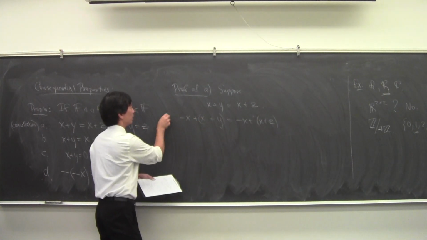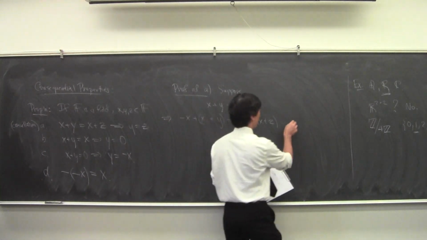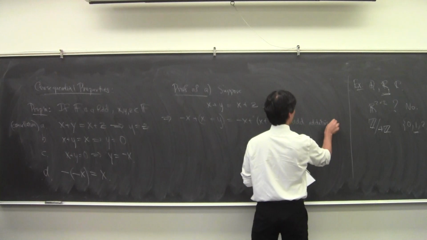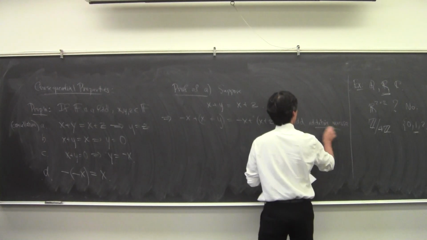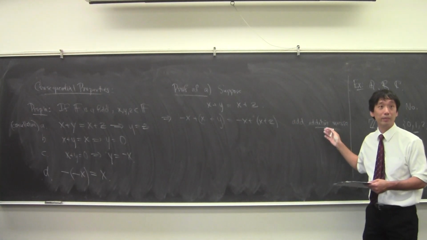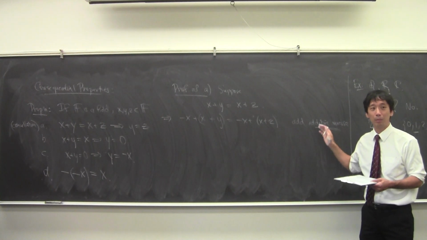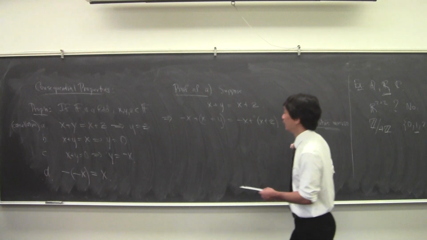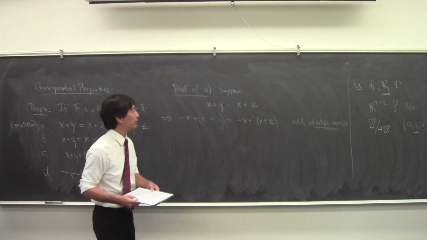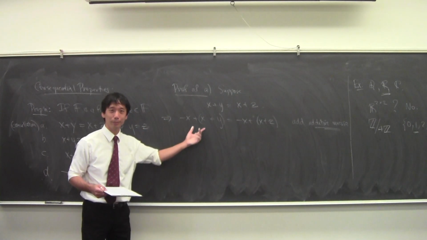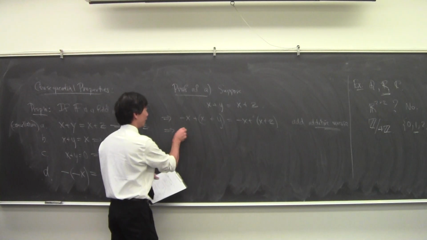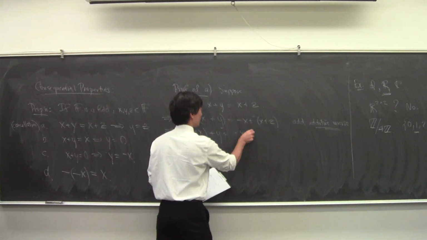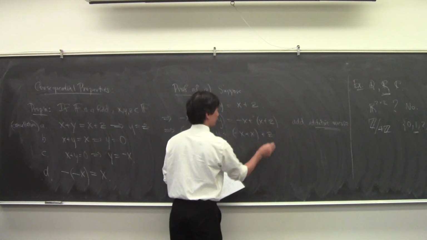Okay, then this is true, right? So add the additive inverse. The point is that we're using the existence of an additive inverse. If we didn't have additive inverses, this would not be possible, but we can do it because we're in a field. Okay. Then this is true, and then the next boring thing I'm going to do is this, right?